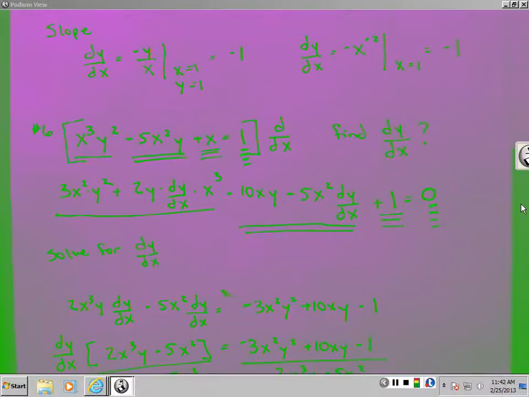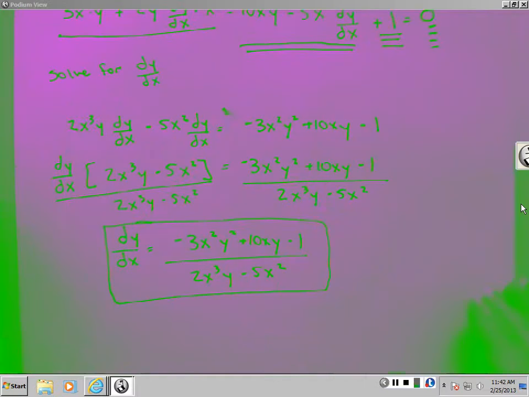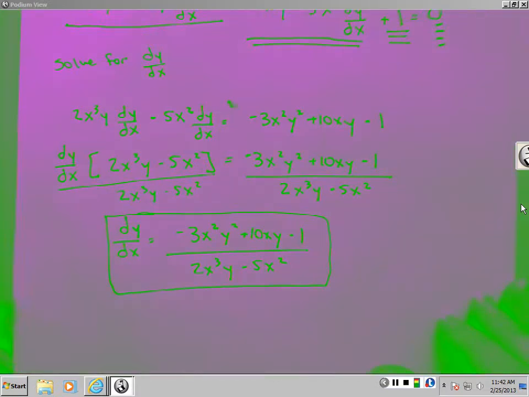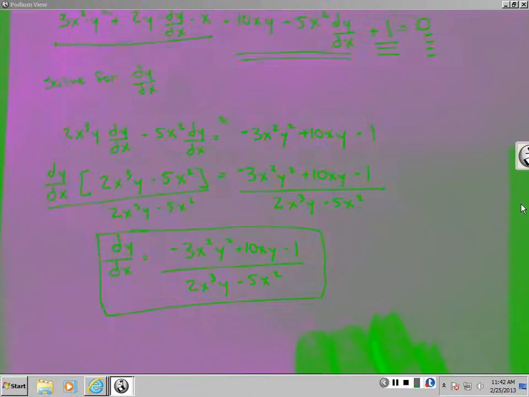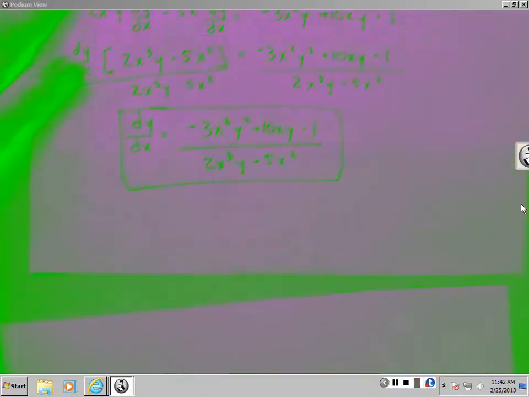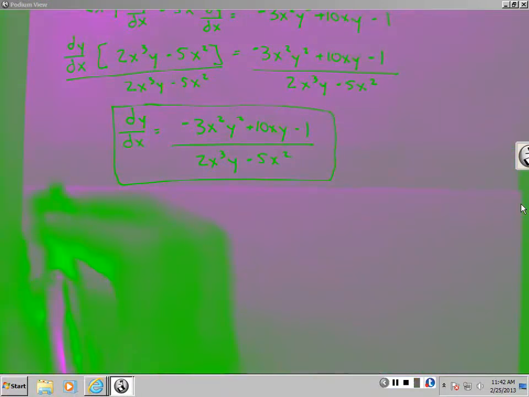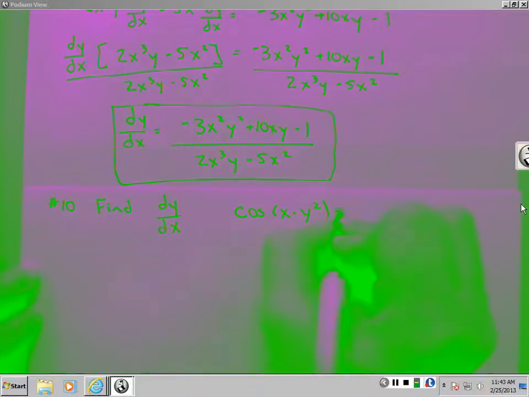Okay, so let's look at one that has an extra level in it. But conceptually, it's the same information. So this is number 10. Find dy dx for the equation cosine of x times y squared equals y.